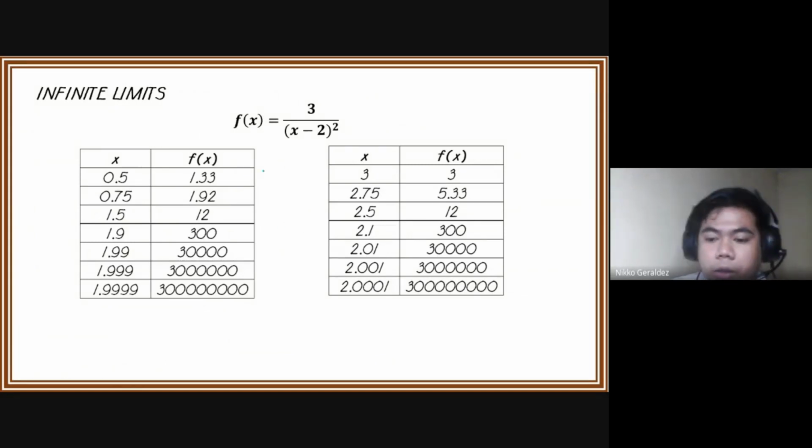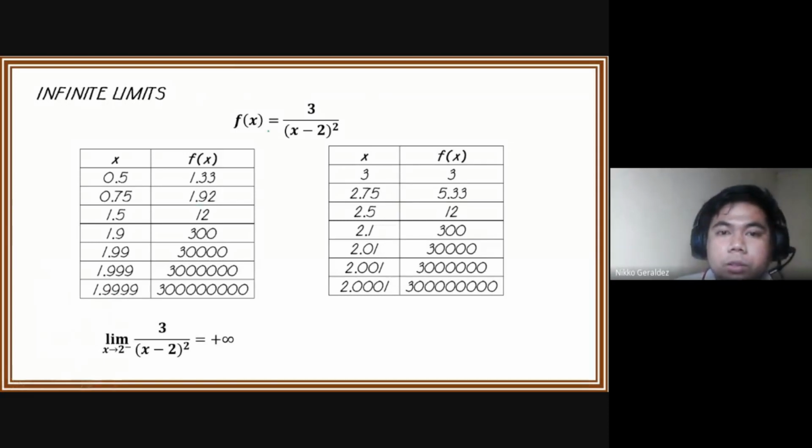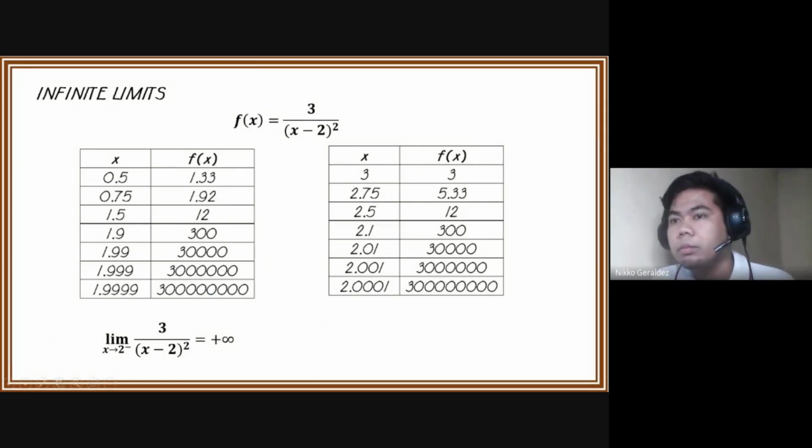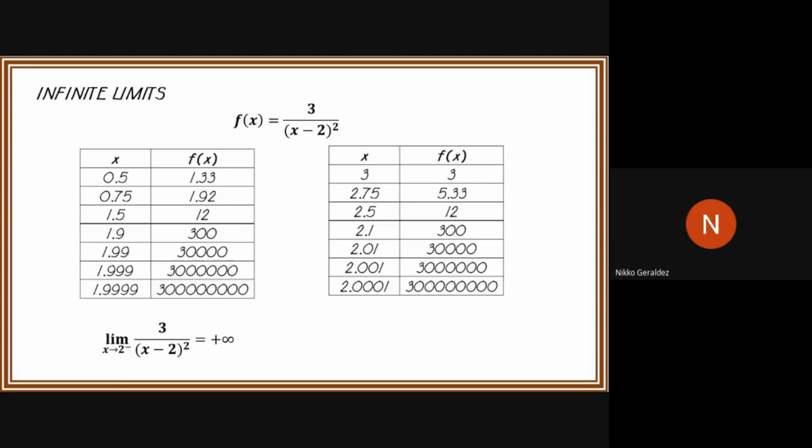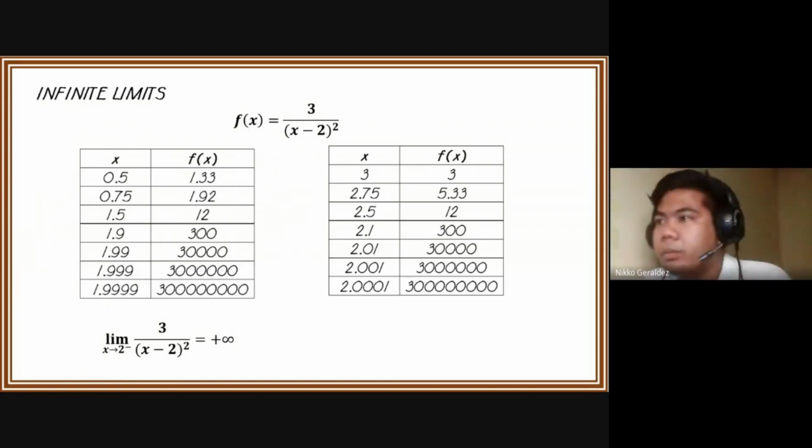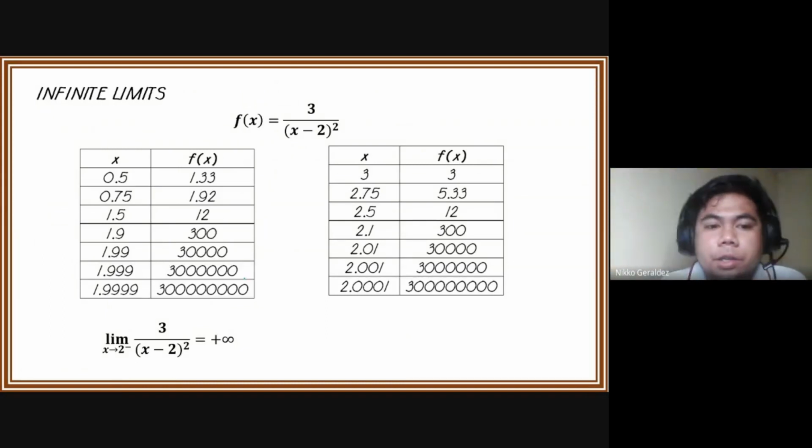So based on this illustration, we can say that the limit of the function 3 over (x minus 2) squared as x approaches 2 from the left is equal to positive infinity.